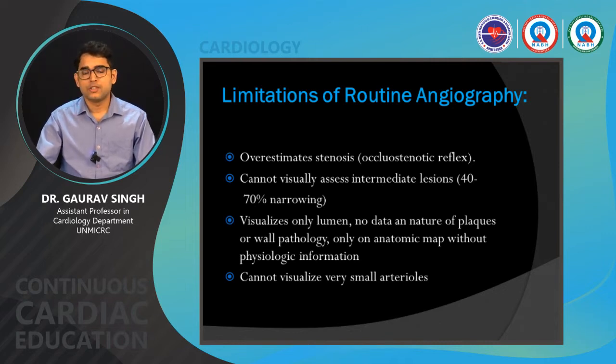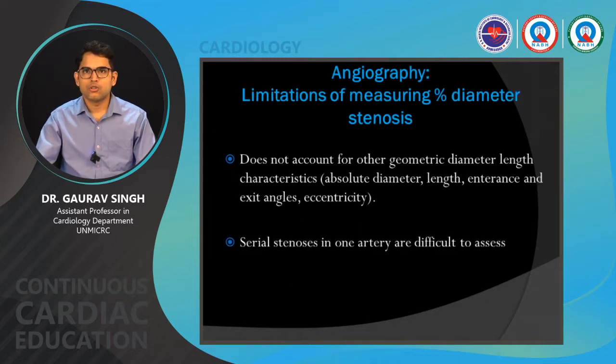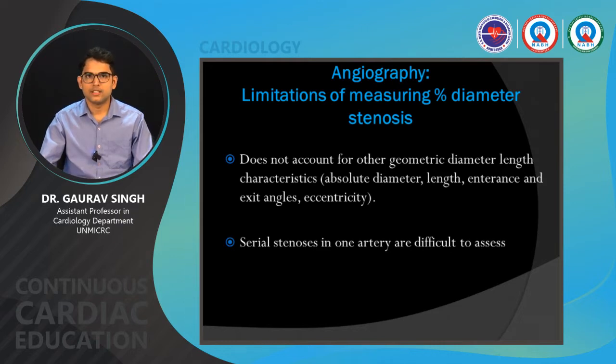It cannot visualize very small arterioles. It does not account for other geometric characteristics, like the absolute diameter, the length, the exit angle, the entrance, and the eccentricity, and serial stenoses in one artery are very difficult to assess.